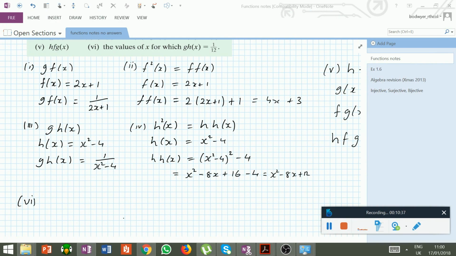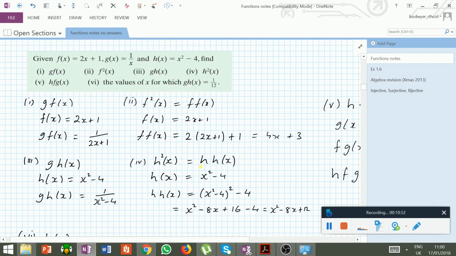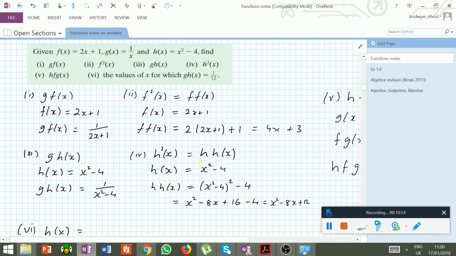Okay, finally we're on part 6. We want the values of x for which g after h of x is equal to 1 over 12. Now, h of x is equal to x squared minus 4.